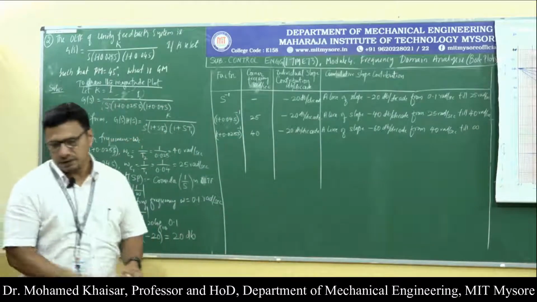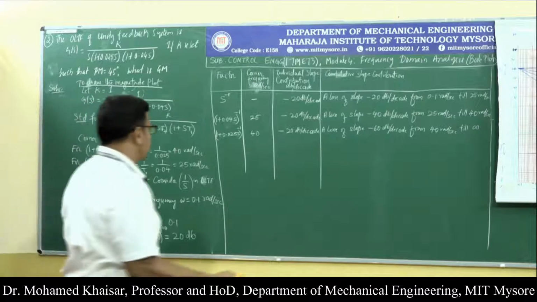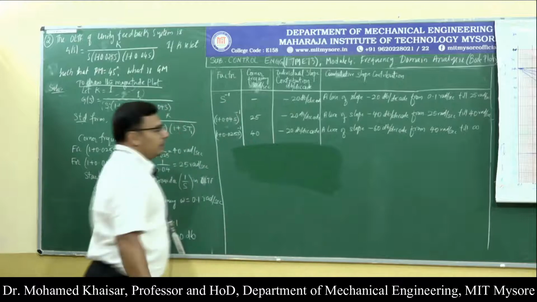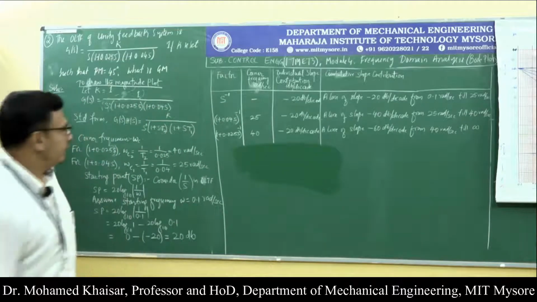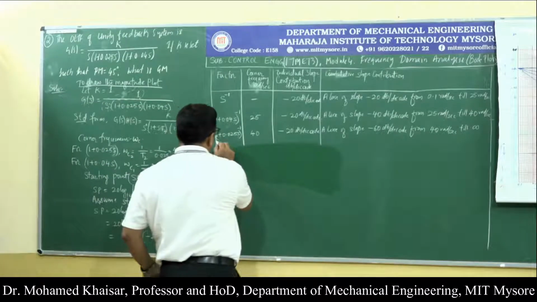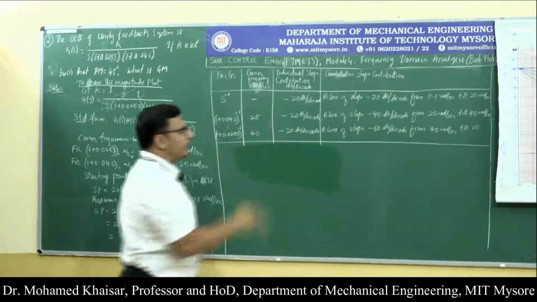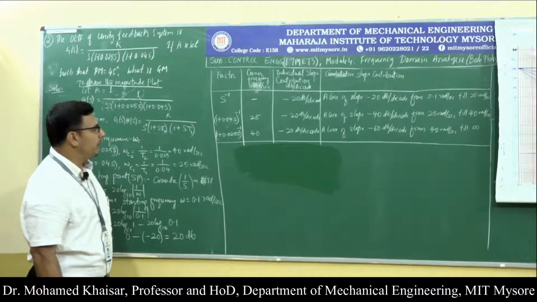This will be the cumulative slope contributions. Okay. This table gives me the analytics to draw the magnitude versus frequency plot.